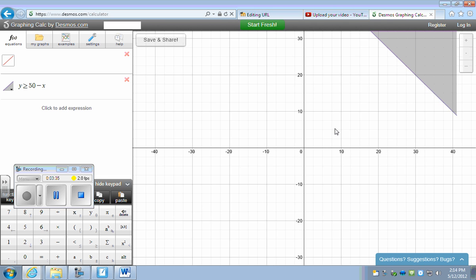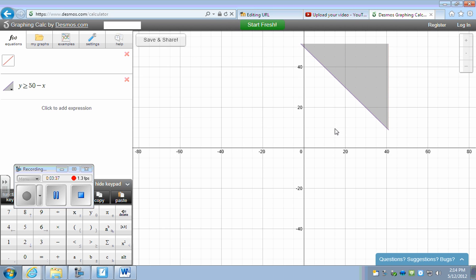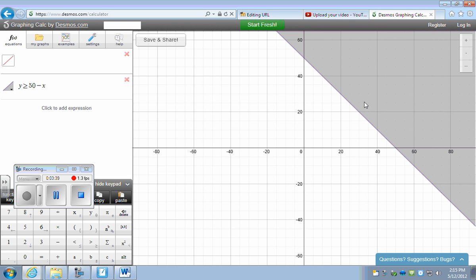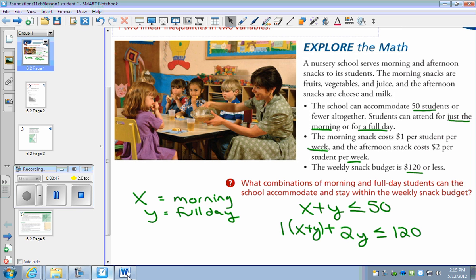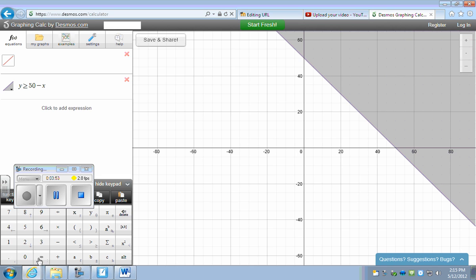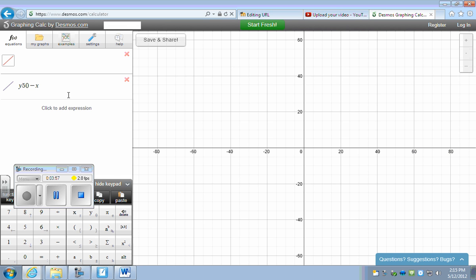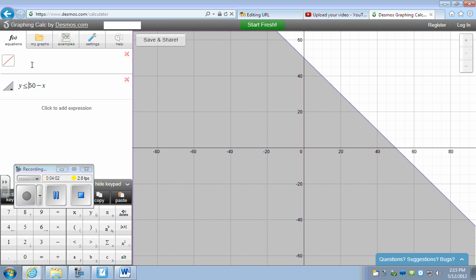So it shows all of the region right here, and you'll notice it's shaded. You'll notice there's a solid line, so that means that these values on the line are included. Oh, less than or equal to 50. I put the wrong one. Let's see if I can fix that. Y is less than or equal to 50 minus x. There we go. Shaded the other region.